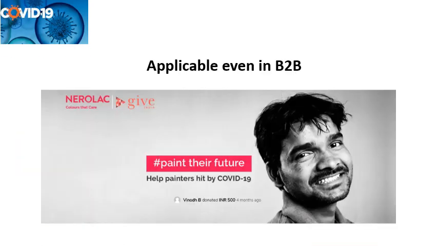And Pastel factors influence everyone. It is not just about a B2C category where it is influencing a consumer, but at the end of the day, a consumer or a customer, everybody is a human being and everybody has problems, everybody has aspirations, everybody gets influenced by some macro factor or the other. So here is an example even in B2B. Here is an example from paints. During the COVID times, the painters were very badly hit because there was hardly any job.